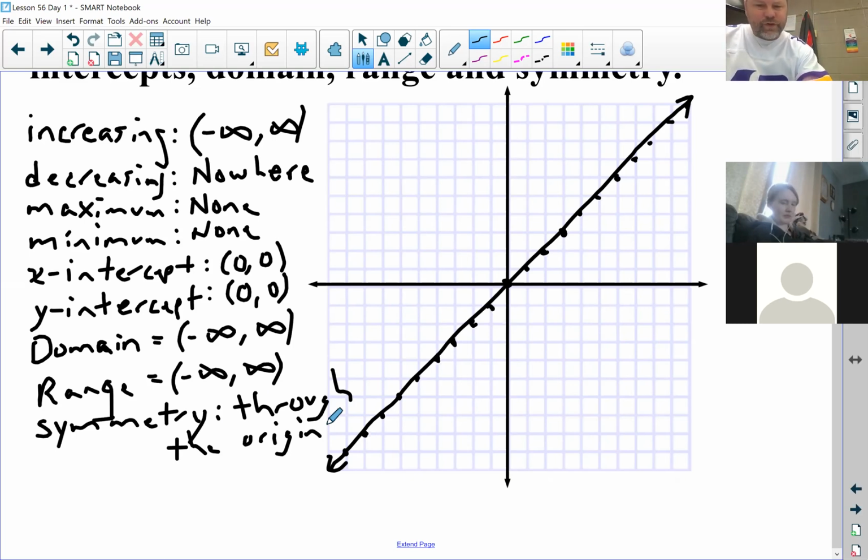In other words, if I put a mirror, I'll draw it in red, if I put a mirror right here, I would get a reflection of the other side of the line.